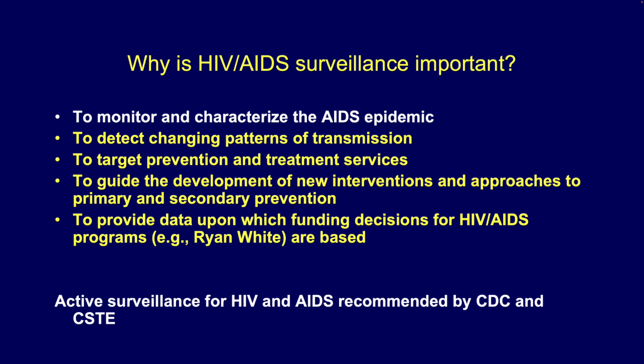Surveillance data were and still are a major source of information for that purpose. So HIV surveillance was always important, but why it was important has continually changed. A particular point I want to make here is that it became clear that surveillance only tracking cases of AIDS, which occurs, as we saw, 10 years after HIV infection, no longer seemed viable as a means of understanding the distribution and behavior of the HIV epidemic.